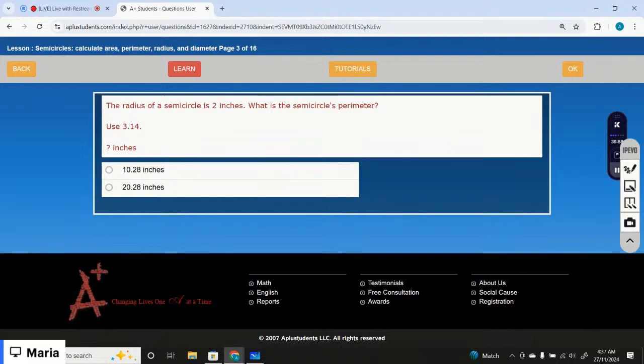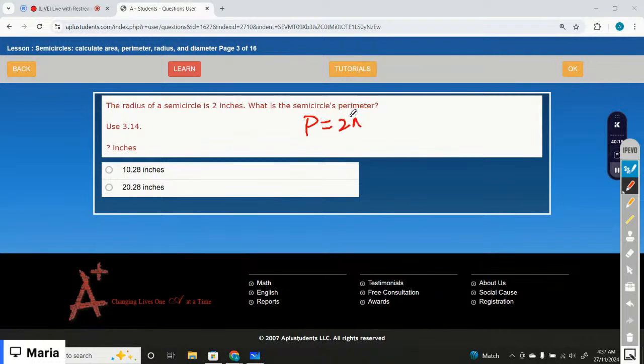The radius of the semicircle is 2 inches. What is the semicircle's perimeter? That is 2 pi r divided by 2 plus 2r. The radius is 2.